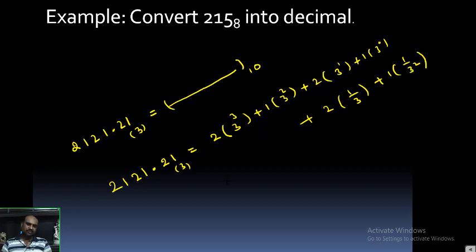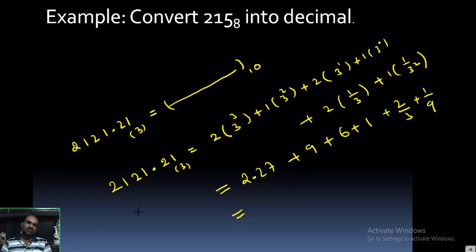So what I can say, this is 2 into 27 plus 9 plus 6 plus 1 plus 2 by 3 plus 1 by 9. In other words, 27 twos are 54, plus 9, 63, plus 6, 69, plus 1, 70, point.